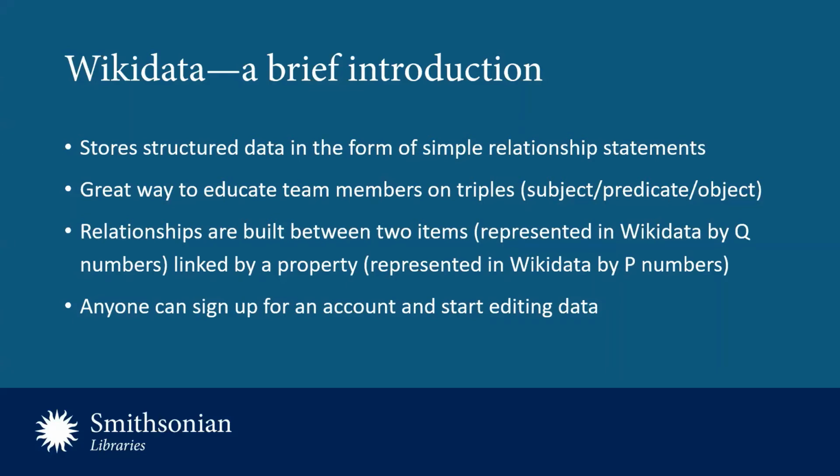So the key here are these relationships, and these relationships are built on items in Wikidata, which are represented by Q numbers. So you have your two items, your subject and your object, and then you connect those with the Wikidata property represented by a P number. And that shows the relationship between those items.